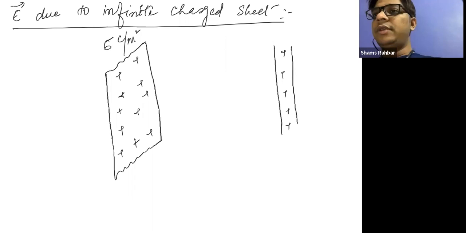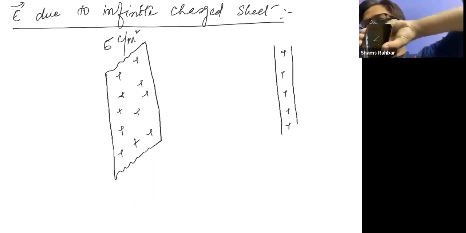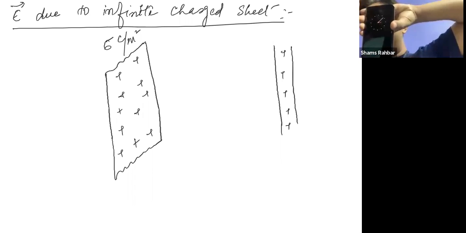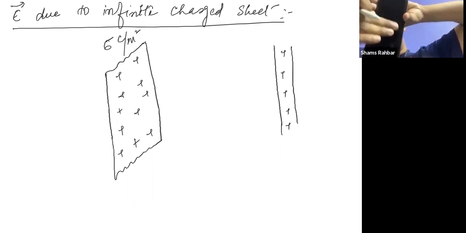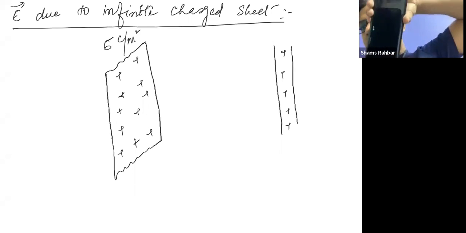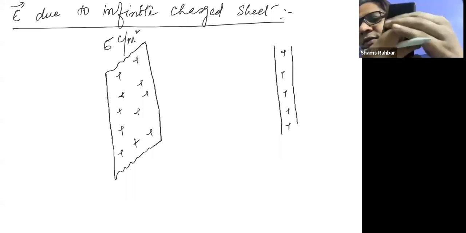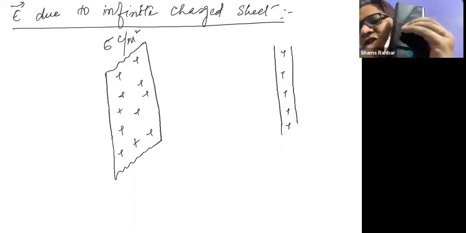See, in video, I'm showing you. Can you see me? Assume that this is the charge sheet, right? And if you observe the charge sheet from the side, this is the side view that you can see. This is the side view of the charge sheet. Front view means you are observing this part.